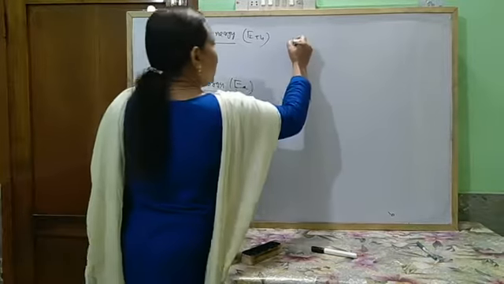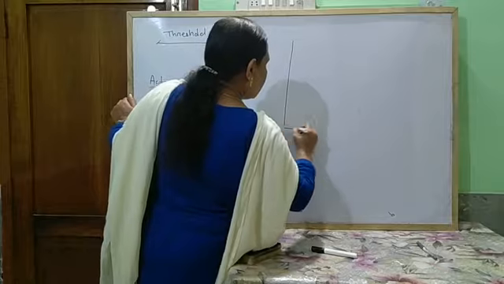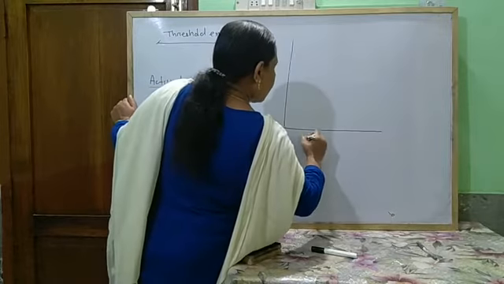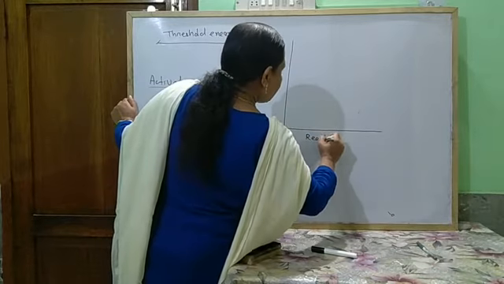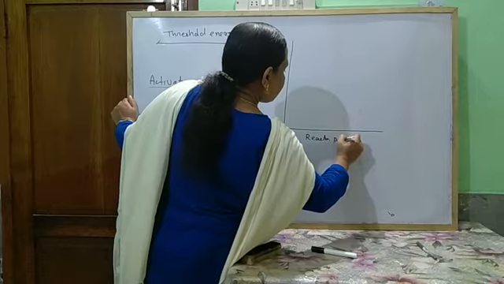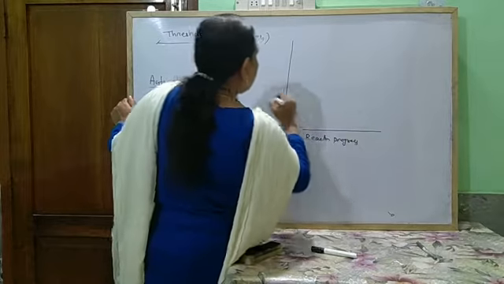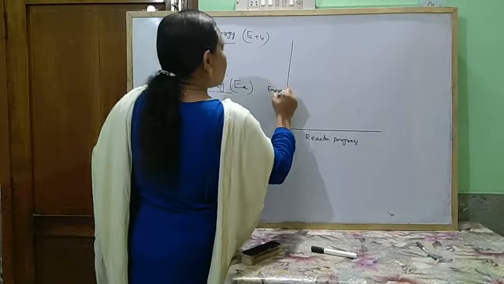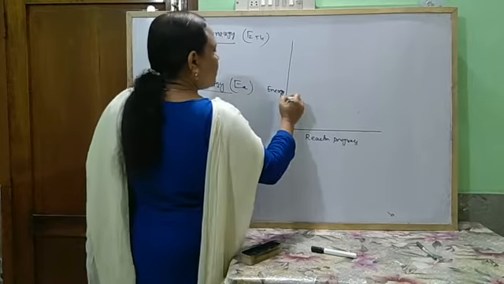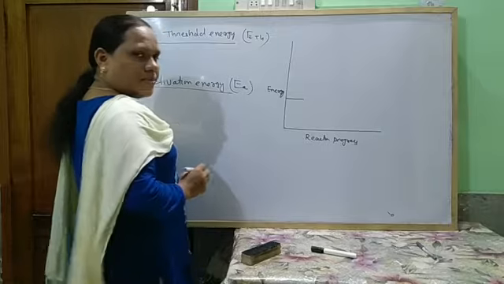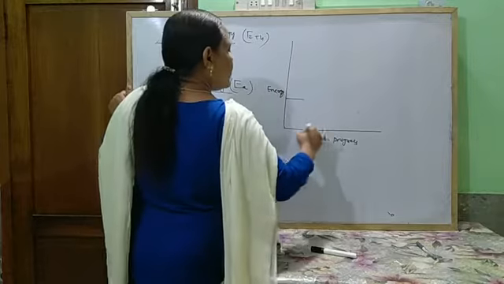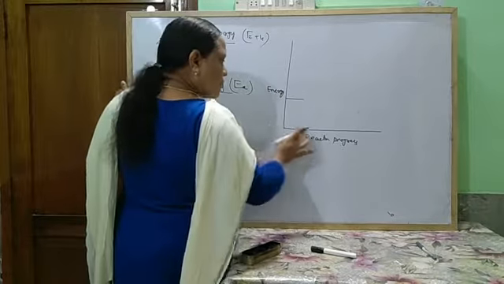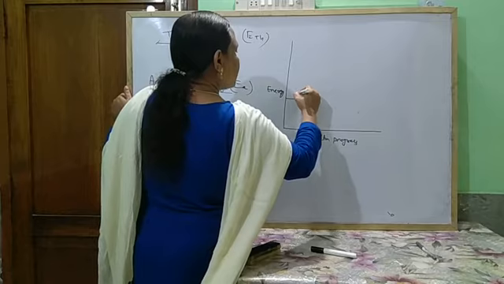So this is the reaction progress, and this is energy. Suppose this is the energy of reactants, and as time progresses, the reaction starts like this.